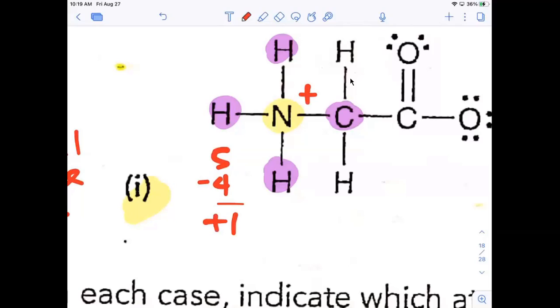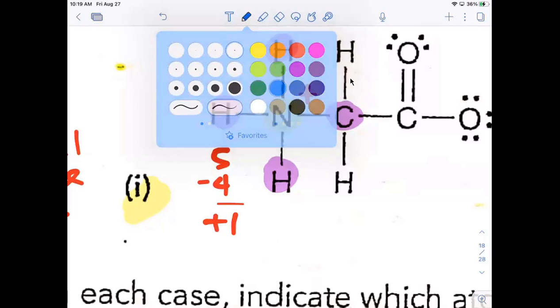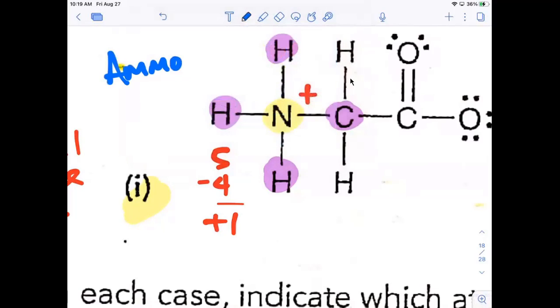When you have a positively charged nitrogen like that with all sigma bonds, we call it an ammonium.